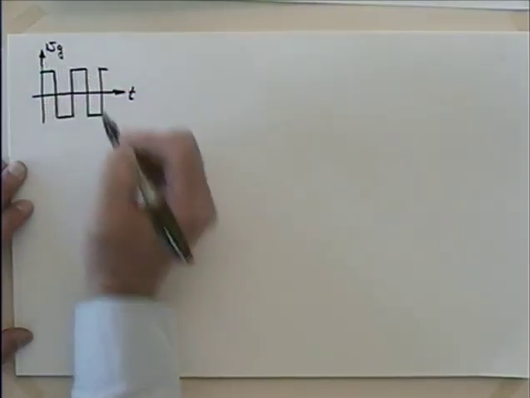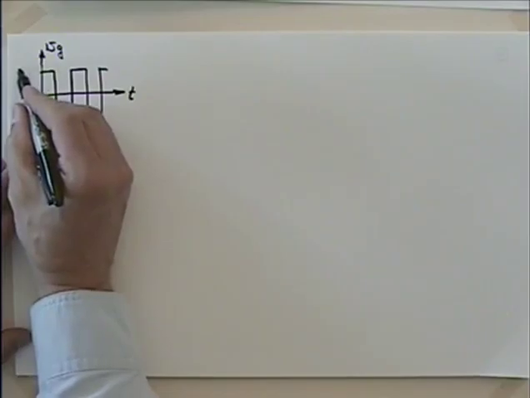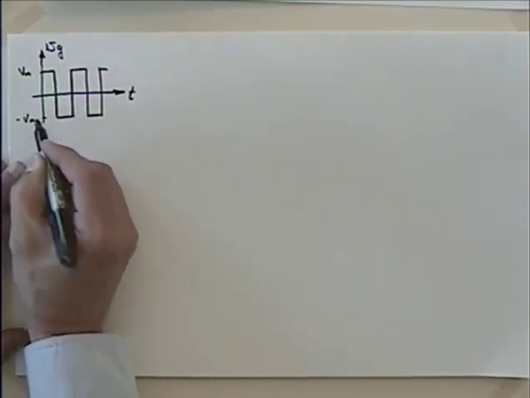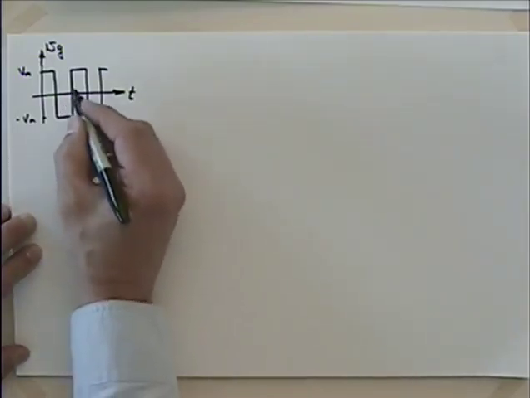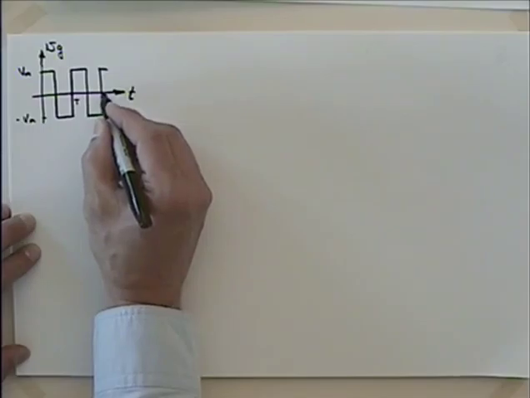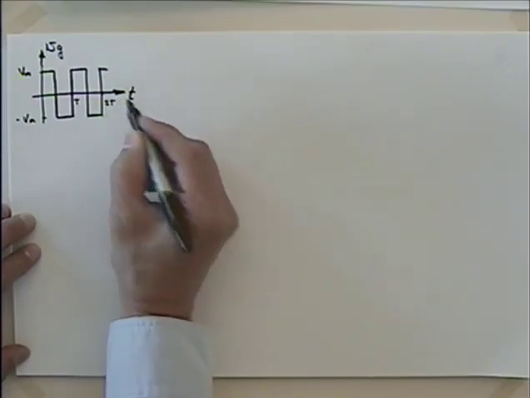We'll call this V sub g. We'll say it goes up from Vm to minus Vm. This would then be one period here, of course. We'll clear around to another period, 2T.